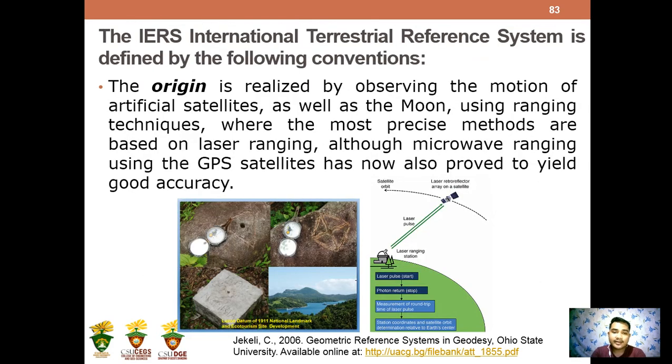And the IERS International Reference System is defined by the following conventions. Again, origin. This is realized by observing the motion of artificial satellites as well as the moon using ranging techniques, where the most precise methods are based on laser ranging, although microwave ranging using GPS satellites has now also proved to yield good accuracy.